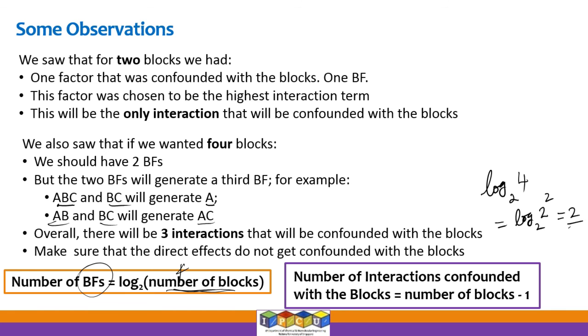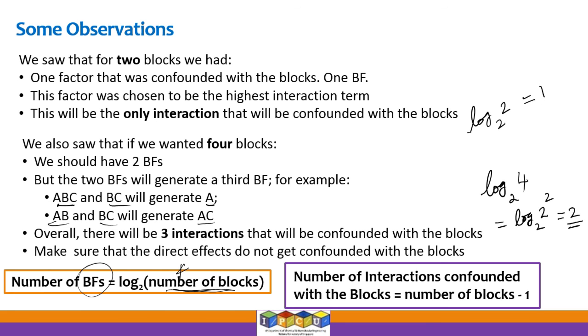So you'll have 2 basic blocking factors. If you want to have 2 blocks, log 2 of 2 is going to be equal to 1. So you have 1 blocking factor.